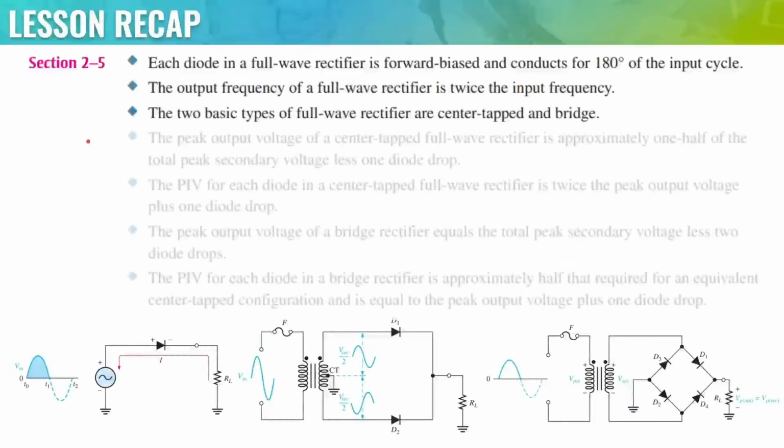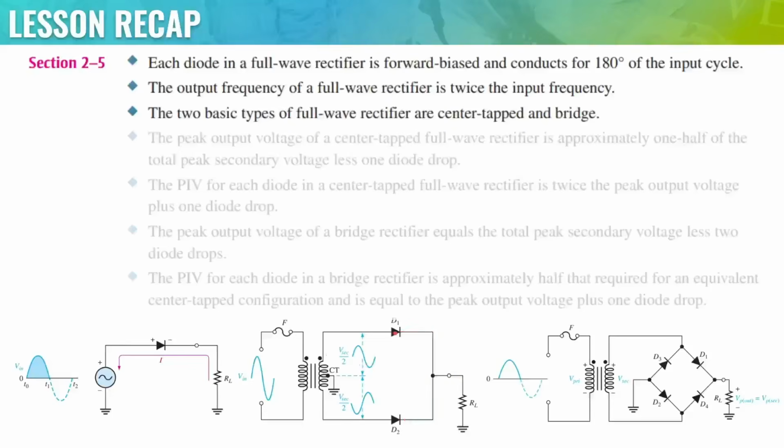For section 2.5, each diode in a full wave rectifier is forward biased and conducts for 180 degrees of the input cycle. This is what I was mentioning earlier. There's one diode in a half wave rectifier, so it's only going to have the positive half. For this one, this is a full wave rectifier that is center tapped, because these diodes are both tapped into the center.